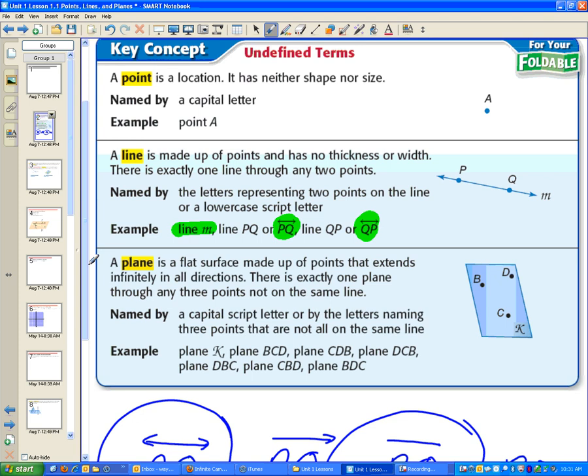You've probably heard at some point something like this, that the floor is a plane. And we'll say that. What we really mean is, since the floor is a flat surface, it can be used to model a plane, or it can be used to represent a plane. But the floor is not really a plane, because the floor eventually stops, doesn't it? At the edge of the building, the floor stops.